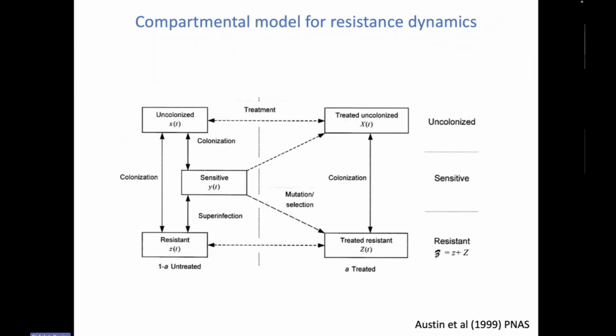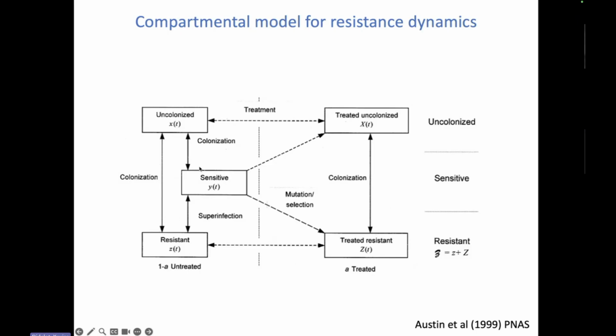In the case here, we have this model that was proposed by Austin et al. 25 years ago, where individuals start uncolonized here in the top left corner, and then at some point they become infected, either with a sensitive strain or with a resistant strain.